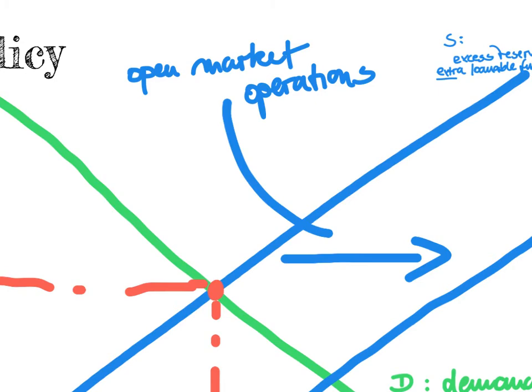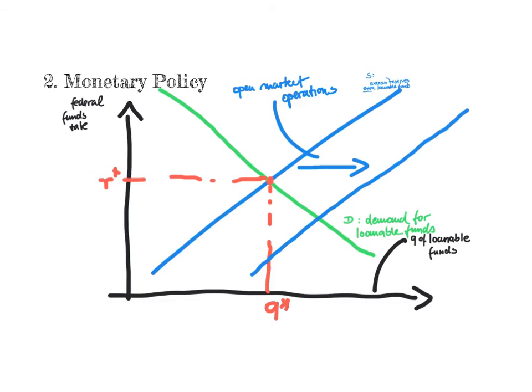The equilibrium is now at a different spot, right? So the new equilibrium here is more loanable funds are available, and our interest rate is much lower, right?